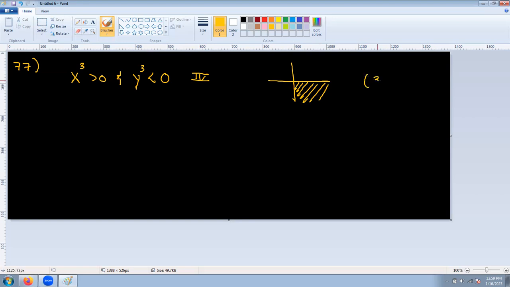Well, what we can do is pick a point like 3, -1. That's in quadrant 4. And then we can start using it in these equations and seeing if it's true. So this would be 8 bigger than 0. And this would be -1, and this is less than 0. So this is more, this is less. This is going to be the true region right here.